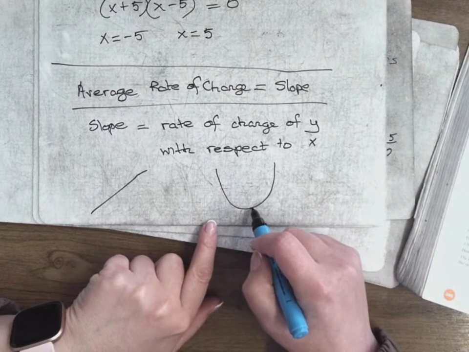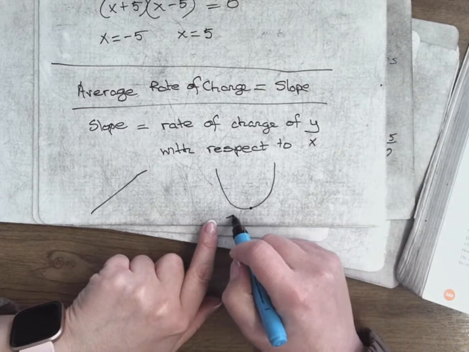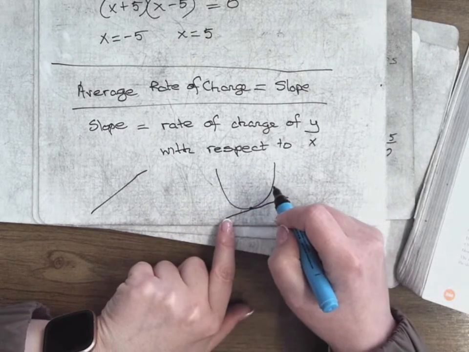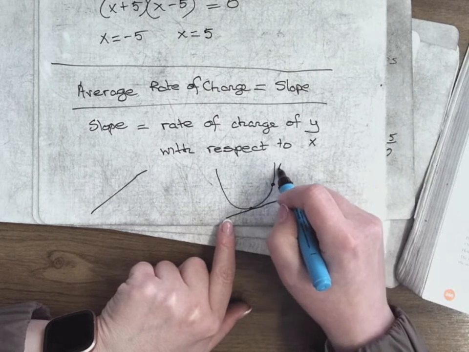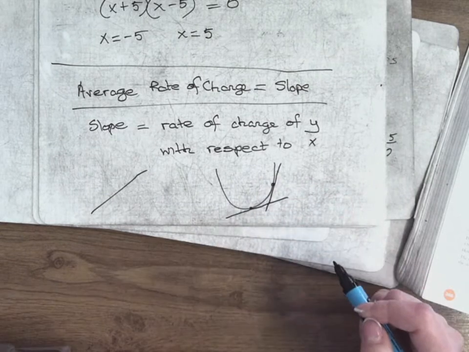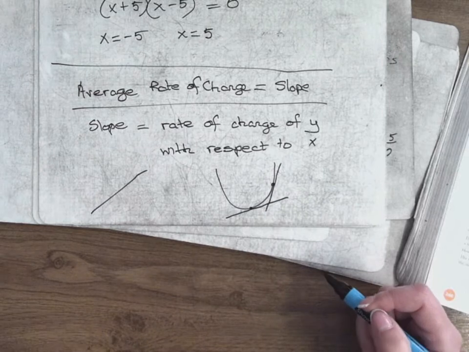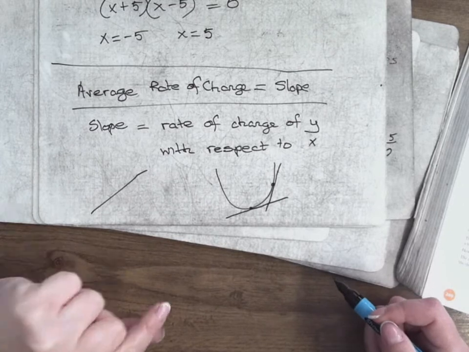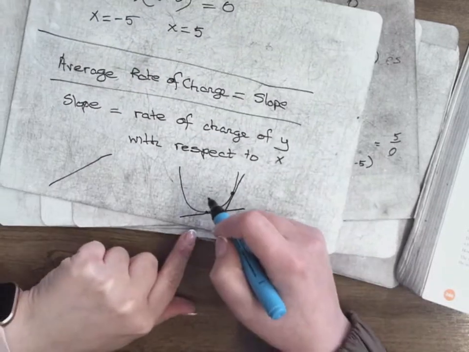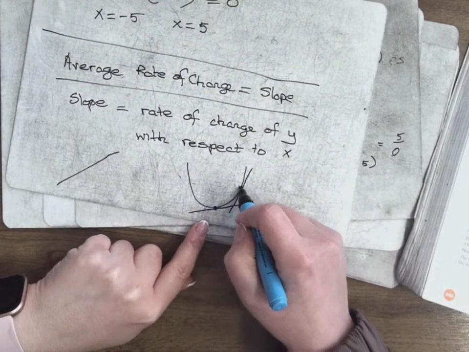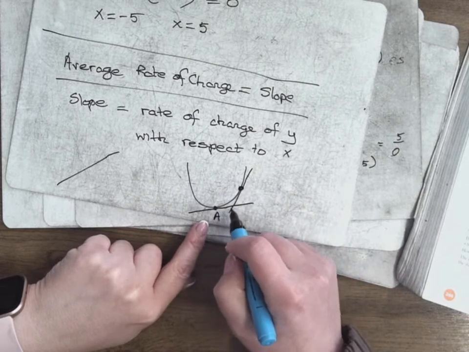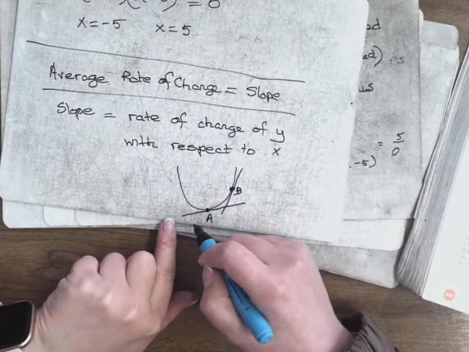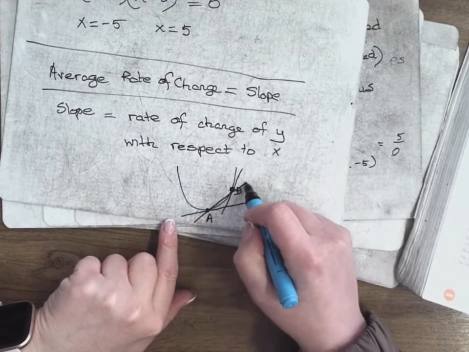The slope of the curve is actually the slope of the tangent at that point. So the slope at this point is the slope of this line. So the slope keeps changing, doesn't it? So that means the rate of change keeps changing. Agreed? But what you can do is, if you have 2 points on the curve, call them A and B, and we join A to B, we can get the slope of that line.